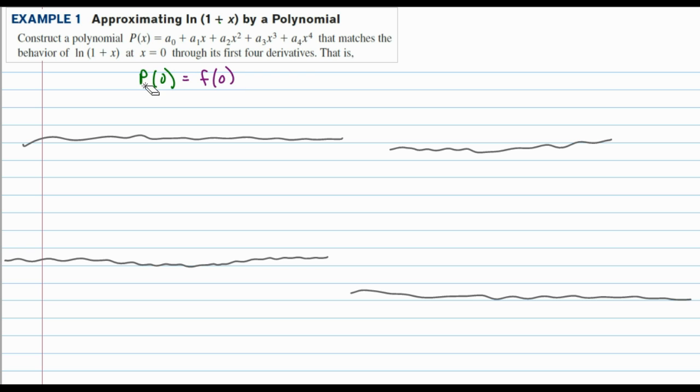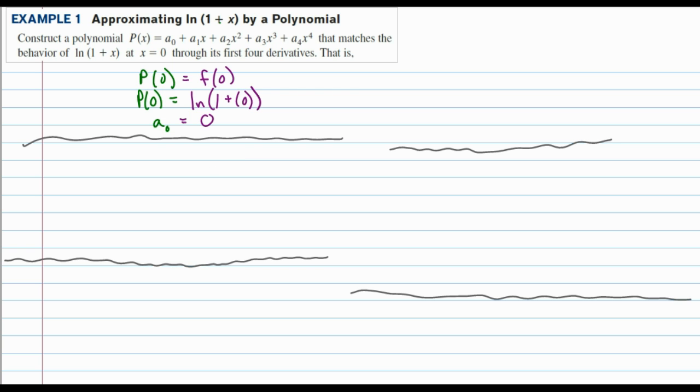In other words, our polynomial at 0 has to equal the function's value at 0, which means the polynomial at 0 has to equal the natural log of 1 plus 0. Well, the natural log of 1 is 0. The polynomial evaluated at 0, if I plugged in 0 for all those x's, all I had left was a sub 0. So a sub 0 equals 0. So that first coefficient is 0.